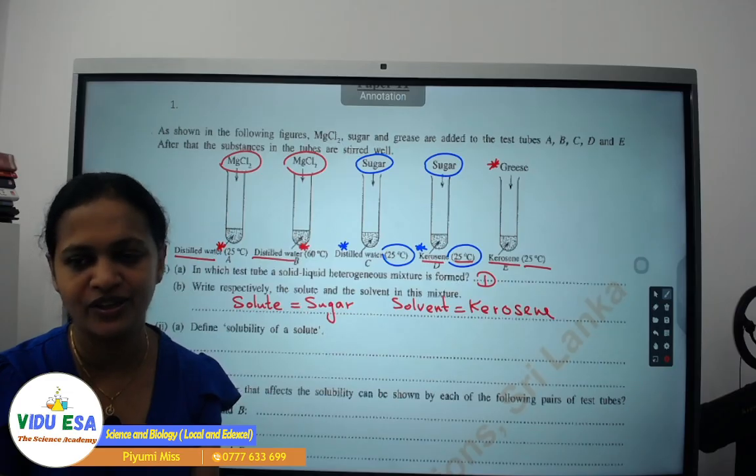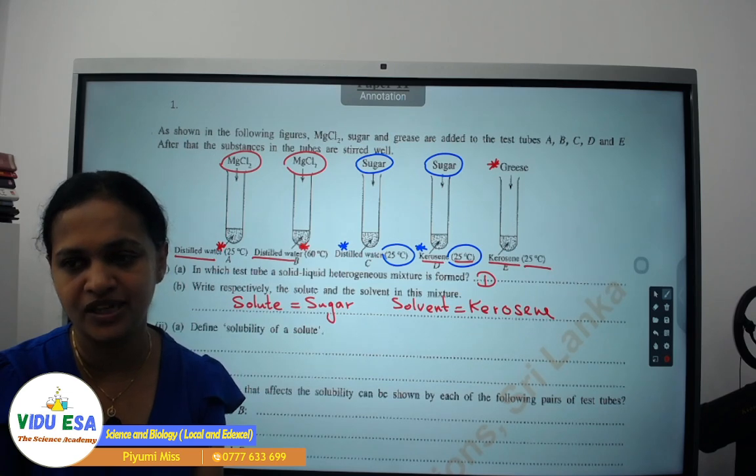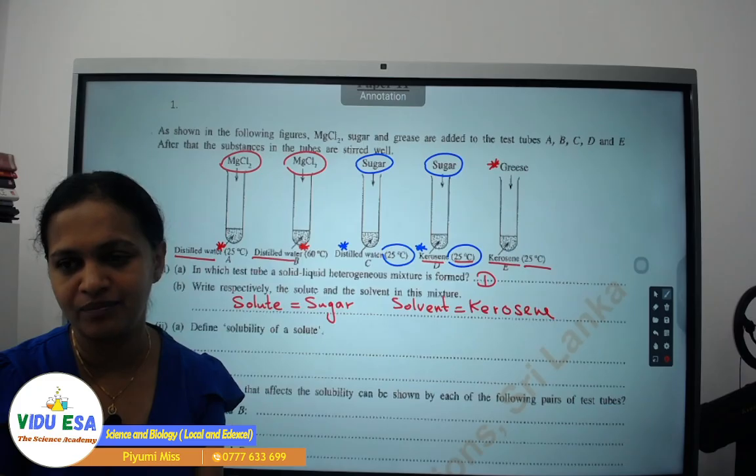So when we express solubility, we have to mention the temperature as well. For example, the solubility of magnesium chloride in distilled water is, I don't know, I will say 52.25 grams at 25 degrees Celsius.